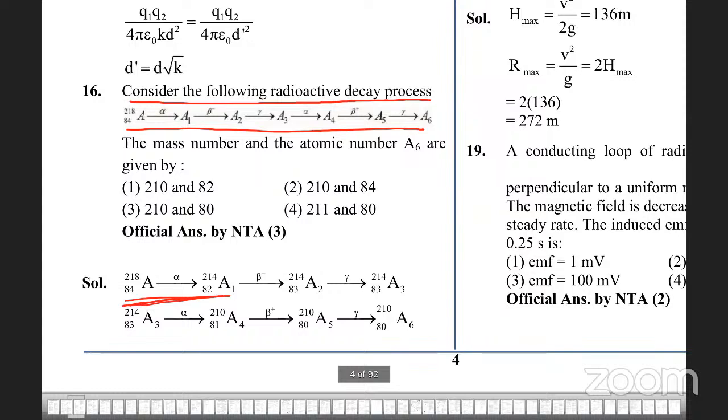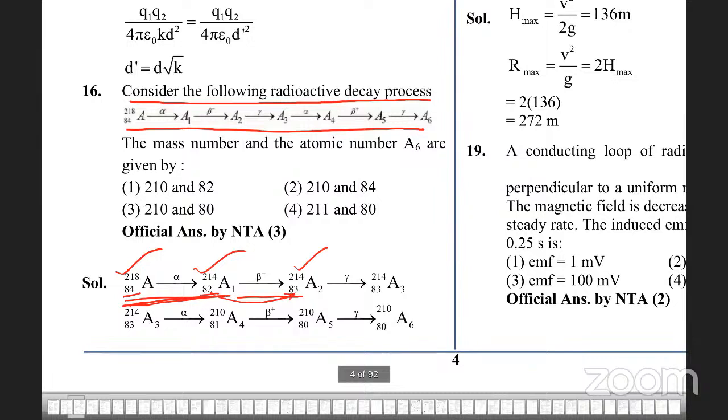So the alpha decay process: 218 becomes 214, 84 becomes 83. That is the alpha decay process. You should know this concept. Similarly, for beta decay, mass number no change, but atomic number changes by 1 unit. So that's why 82 becomes 83.